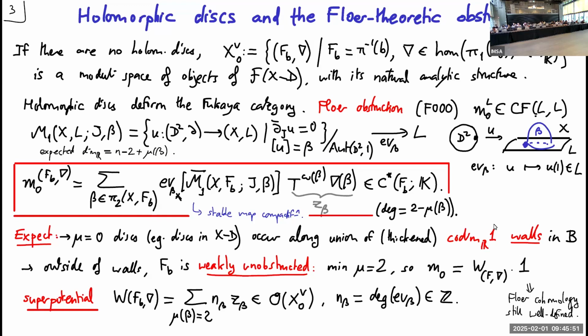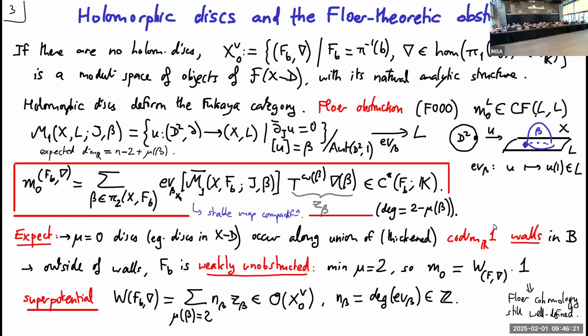If you are in a situation, say, like a toric Fano variety, and if you keep deleting this divisor D, then the picture you have is actually correct in the sense that X minus D has no holomorphic disks, and you're done with building a mirror of X minus D. But then when you put back D, this will deform the Fukaya category, and so on the mirror side, we need to deform the mirror. So this is, in a sense, what we're doing here.